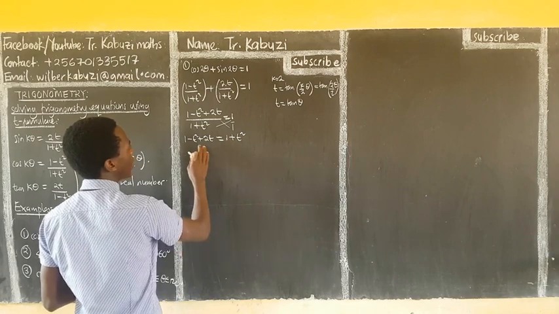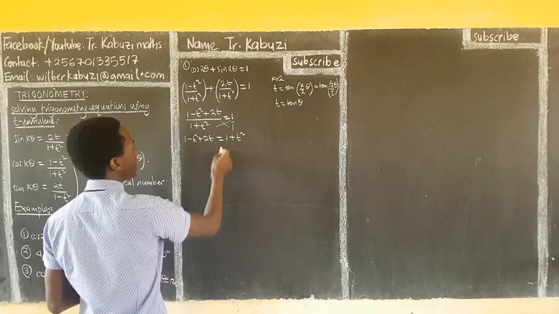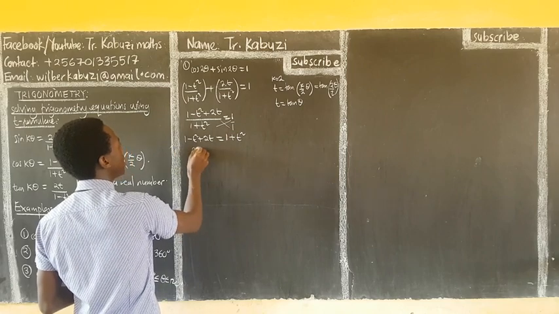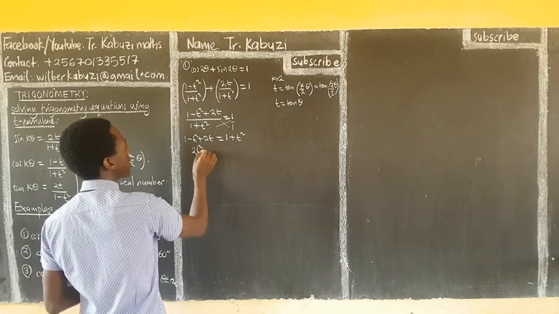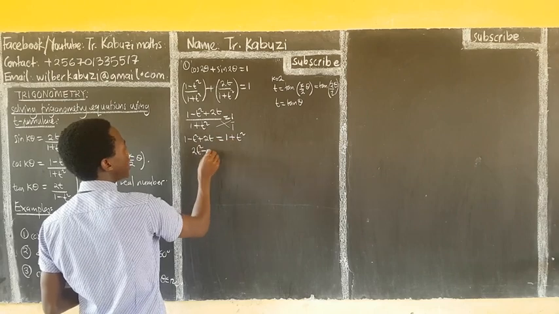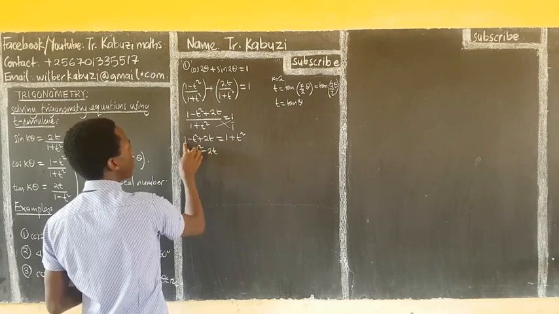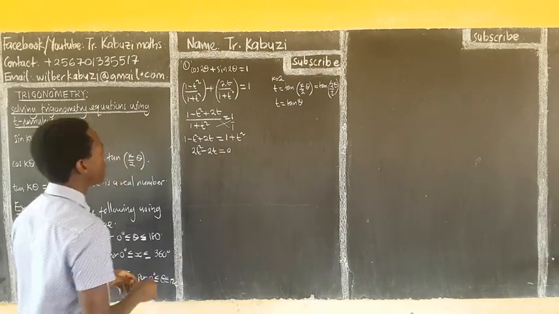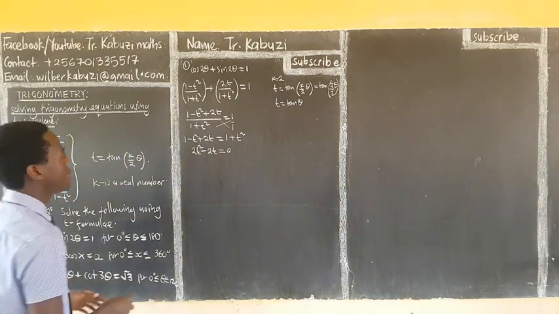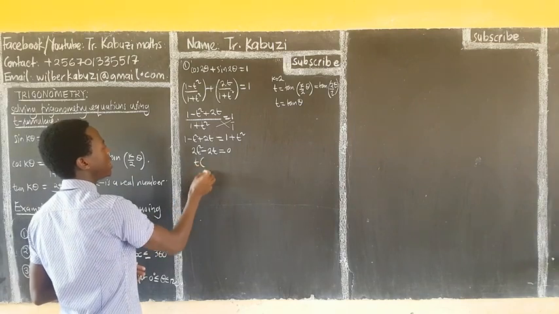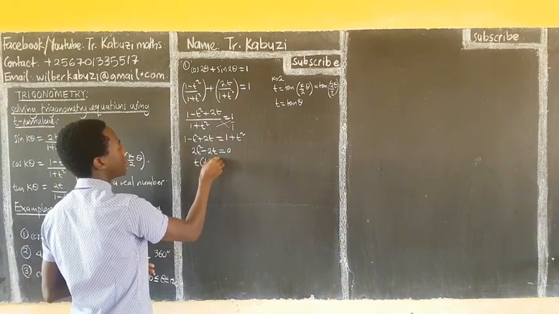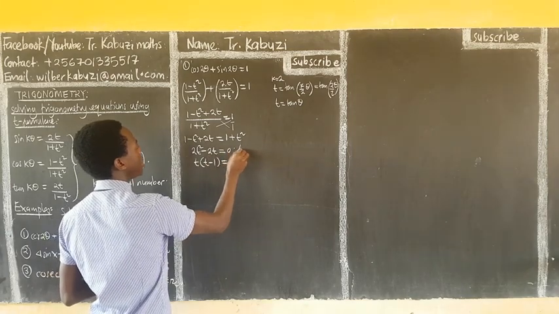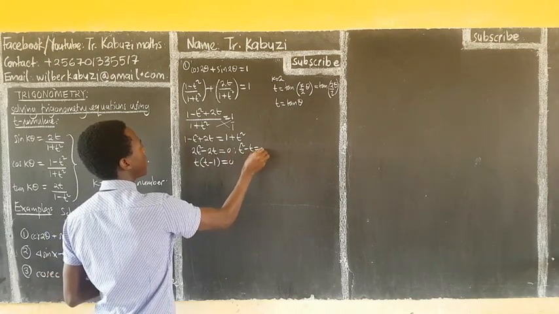Then I collect the terms by taking everything to this side, so that this one vanishes. I'll be adding 2T squared, and the 2T goes to the other side. When 1 goes across, it becomes 1 minus 1, which is 0. Dividing through by 2, we have T squared minus T equal to 0.